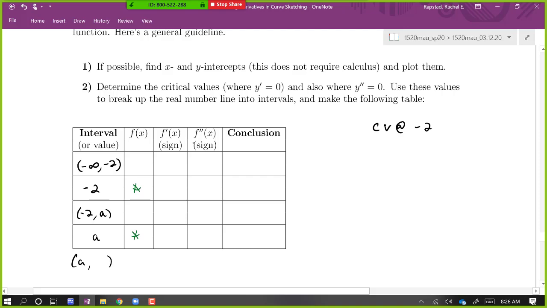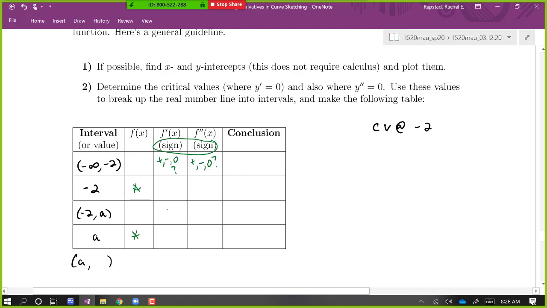For the first derivative and second derivative, all you're doing is noting whether it's positive, negative, or 0 in all of these. So you're just keeping track of the sign. And then a conclusion.